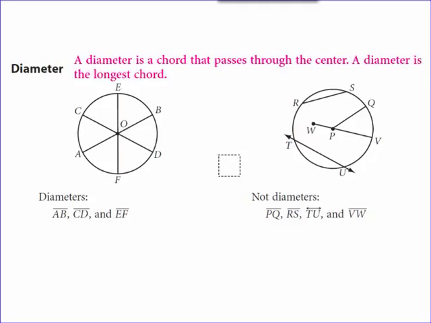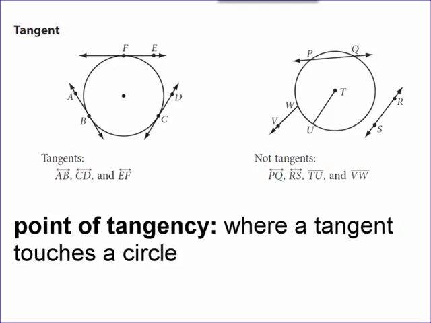Now we're going to look at something known as a tangent. Up there on the board, don't worry about the point of tangency yet, just worry about tangents and not tangents. So look at those. What do you come up with? What is a tangent?